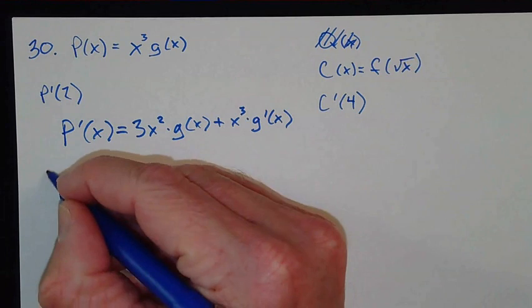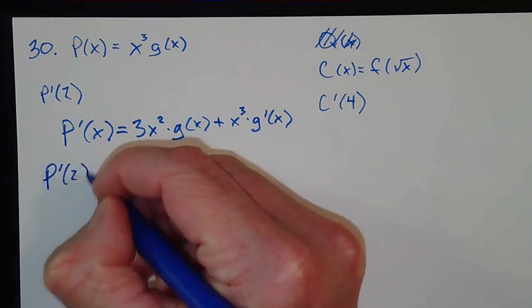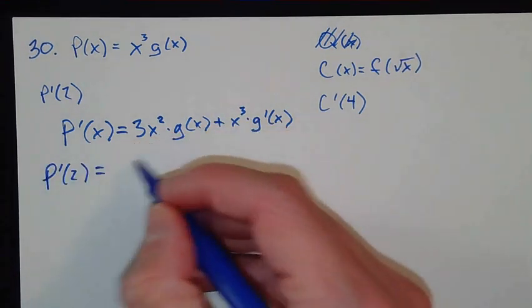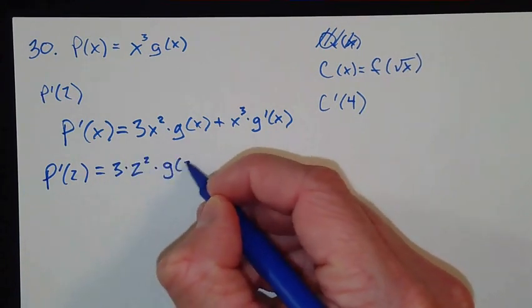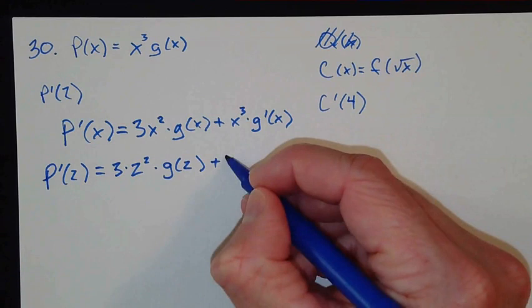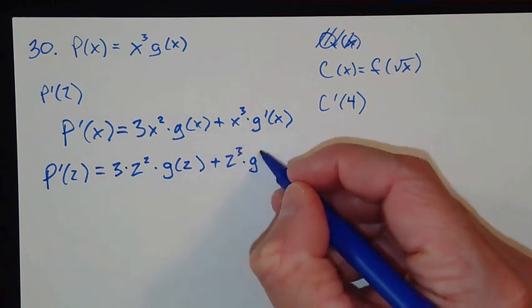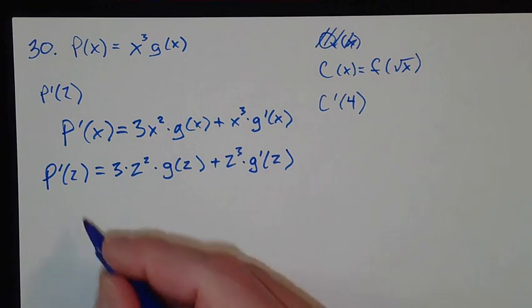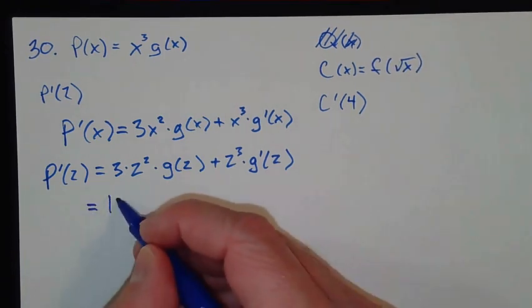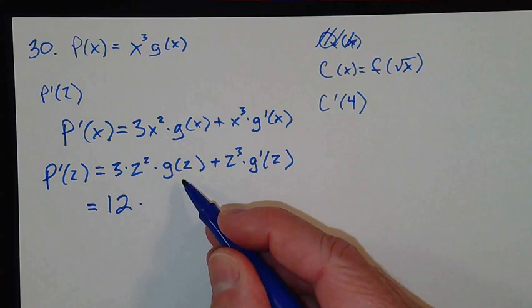So if I want p prime of 2, I'll just go ahead and plug in 2 in place of x. 3 times 2 squared times g of 2 plus 2 cubed times g prime of 2. And so the things that I need to look up from the table, I'll need g of 2.